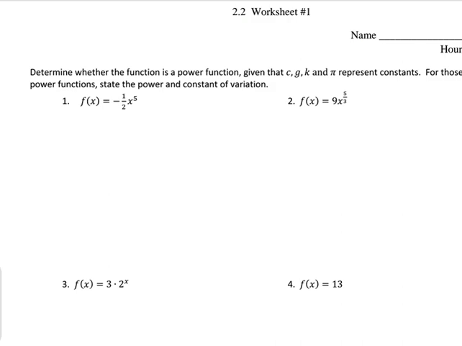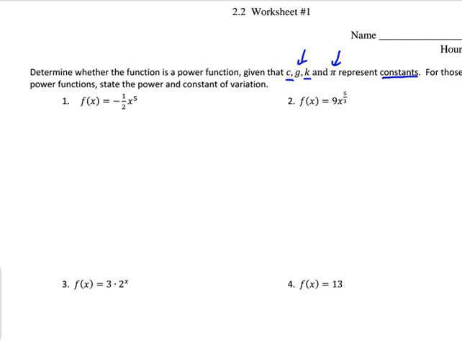2.2, number 1. In fact, there's a few other things I forgot to mention that are constants. Focus, please. Thank you. This C and K, I talked about those as constants, but we also use G. And of course, I hope you know this, pi is a constant. It's a number. We don't use pi as a variable ever, right? We use pi as 3.14. All of these things are numbers, and therefore constants.